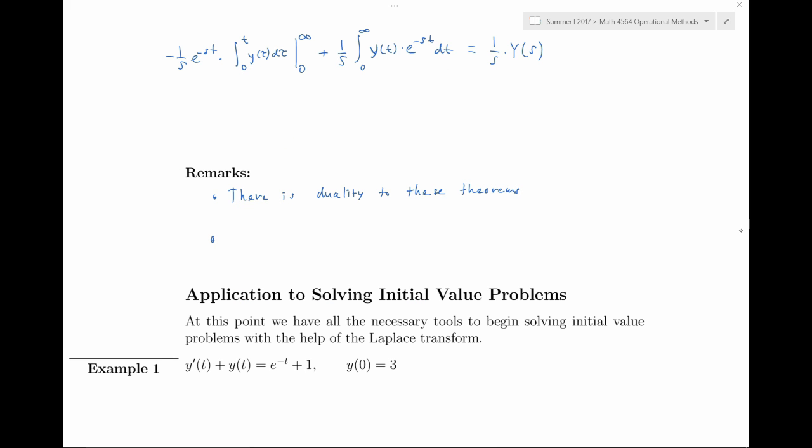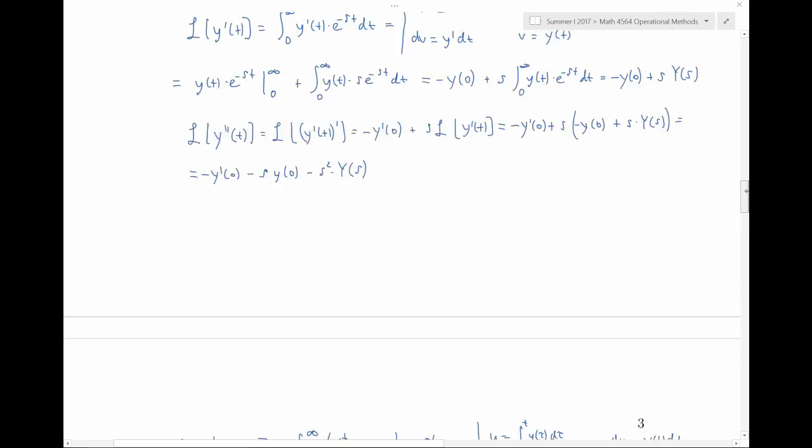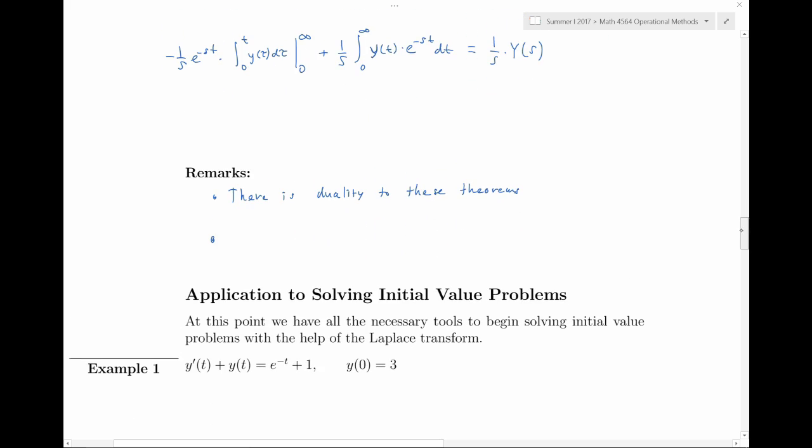Another remark that I want to make is that I skipped the details on why these things converge to 0 and why this evaluates to 0 at infinity. If you're interested, you can always ask me a question.